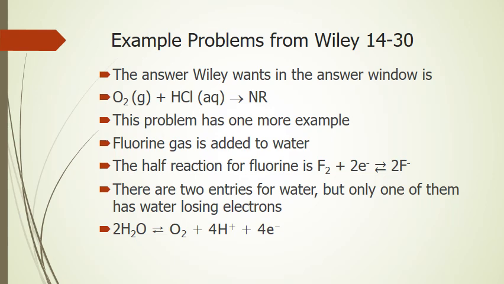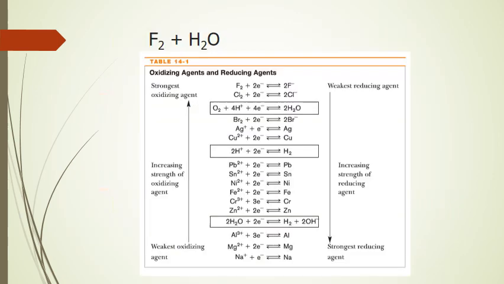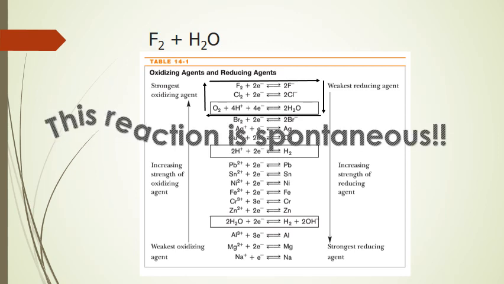And there it is. 2 waters go to O2 plus 4H plus 4 electrons. We put that on the table. Fluorine going from left to right. Our water going from right to left. Connect the arrows head to tail. That is a clockwise motion. This is a spontaneous reaction.